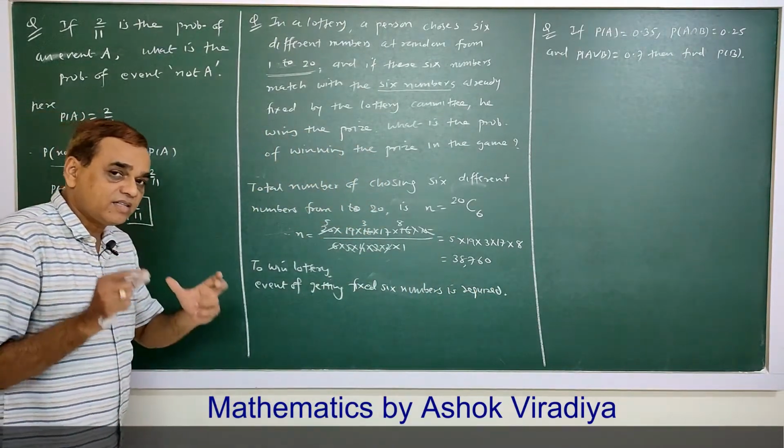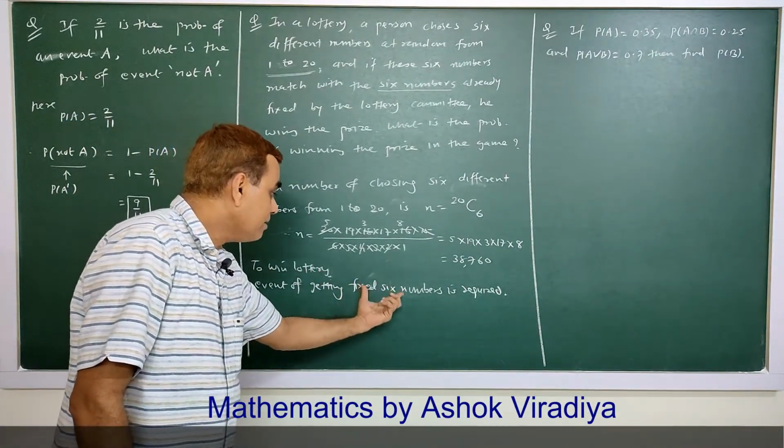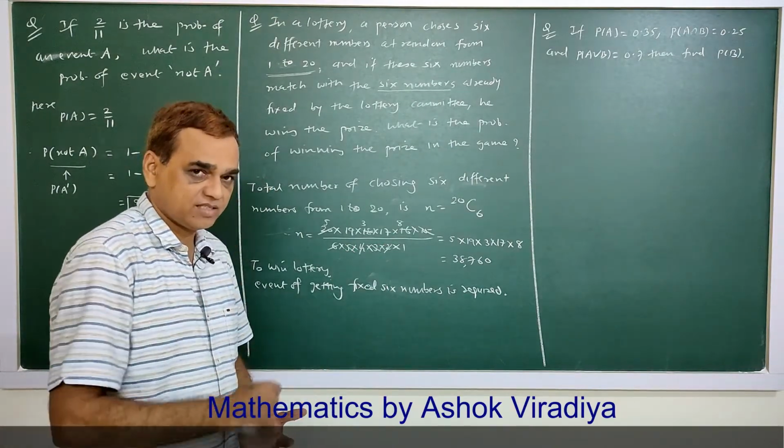And there is one and only one such group of fixed 6 numbers for winning the prize.